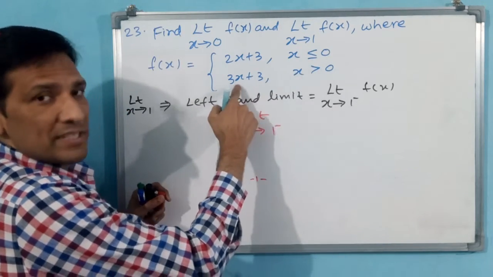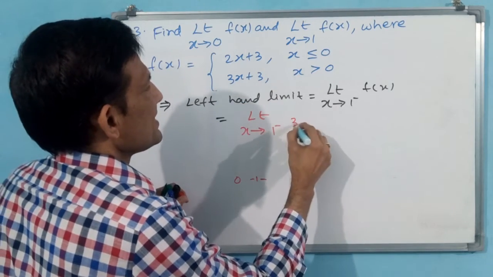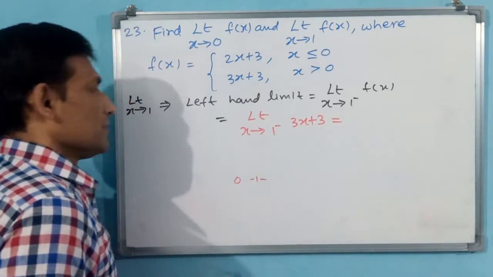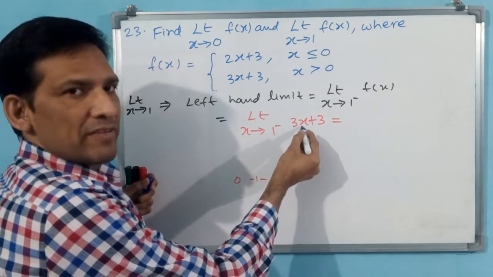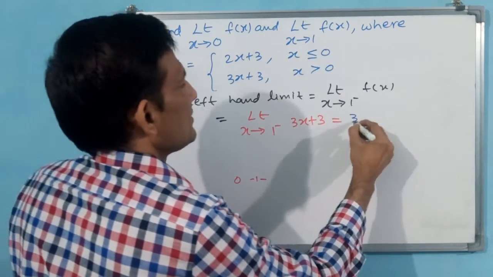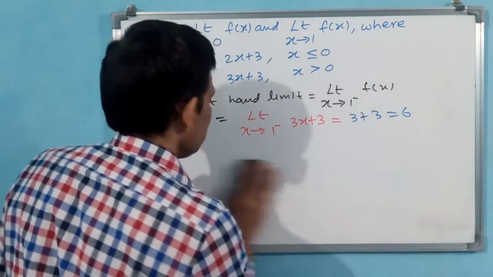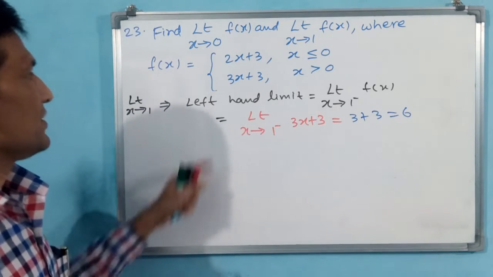Greater than 0 means only this you have to take: 3x plus 3, that is equal to, slightly less than 1 also is like 1 only, 3 plus 3. Okay? 3 plus 3, 6 will come.